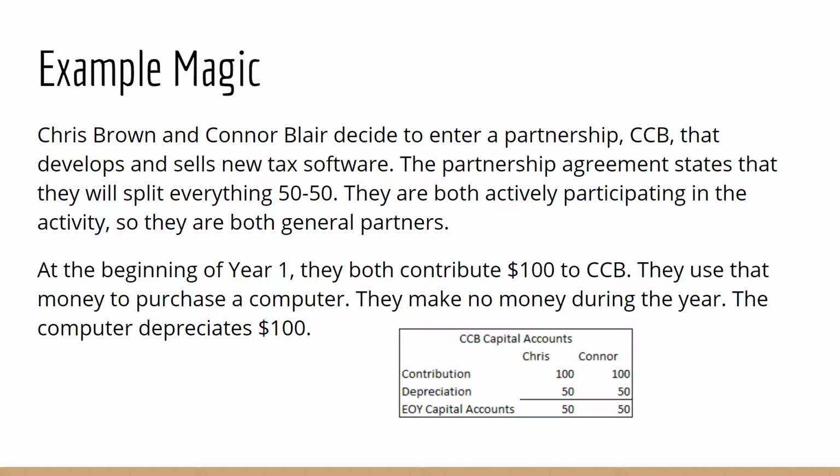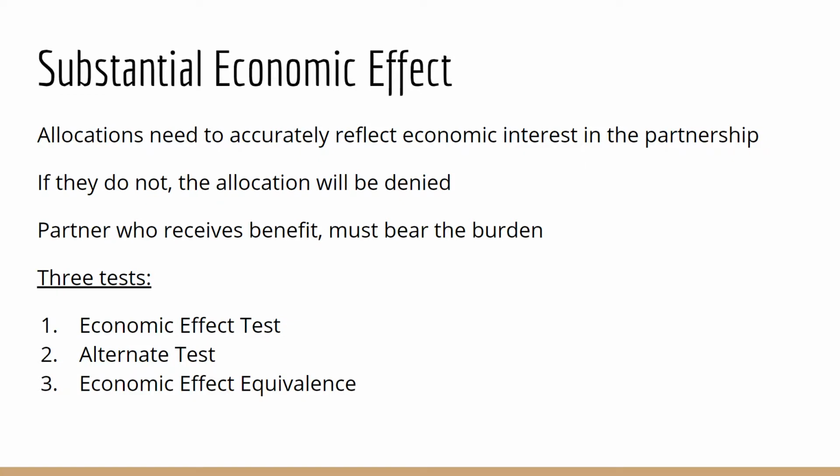So if we look at our table here, we see that their capital accounts are both increasing by the $100 they contribute, and then it will decrease by the depreciation that they received. Since the depreciation totals $100 and they're splitting everything 50-50, they'll both get $50 each of that depreciation benefit.